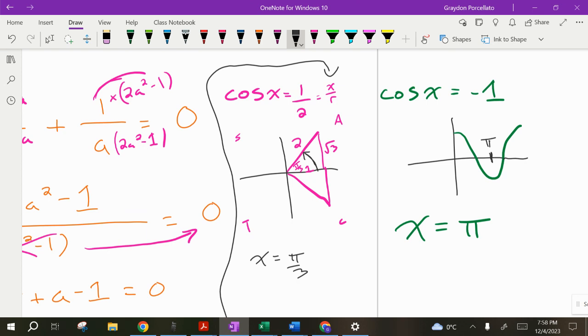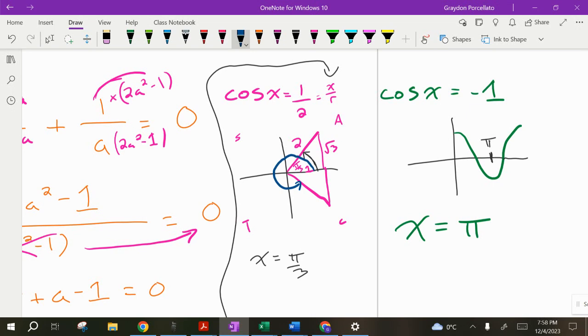Okay, sorry. And then we need to find this angle from here. So actually, I'll do this in a different color. Do this in blue. From here all the way around to here.